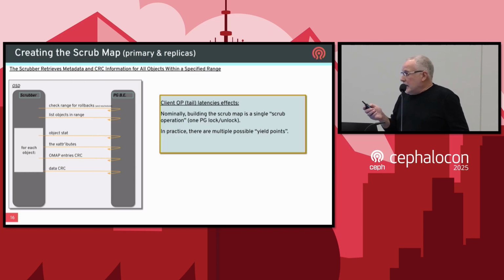Remember that. Now, in real life, this is not one atomic operation, and that's important. There are some yield points where usually the PG will give control back. We'll unlock, we'll requeue the scrubber, and something else can happen.